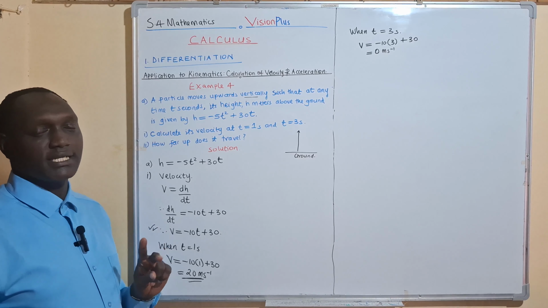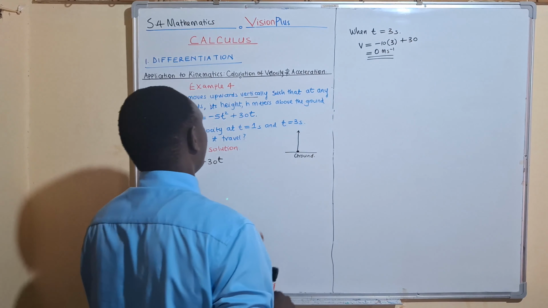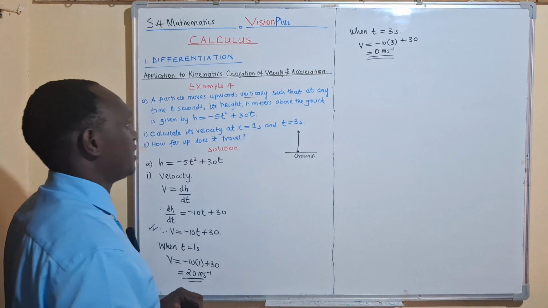Those are the two implications. It's either the particle is at the maximum height or the particle has fallen back to the ground. But for now, that is not our focus. So when the time is 3 seconds, the velocity of the particle is 0 meters per second. That was for Roman 1.